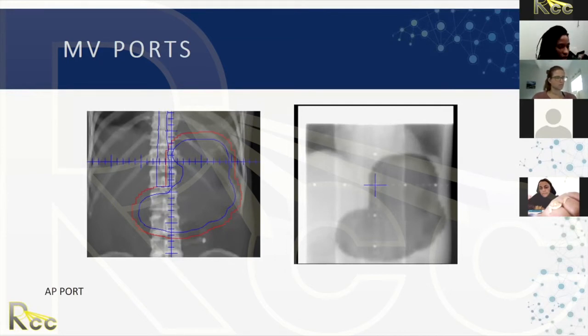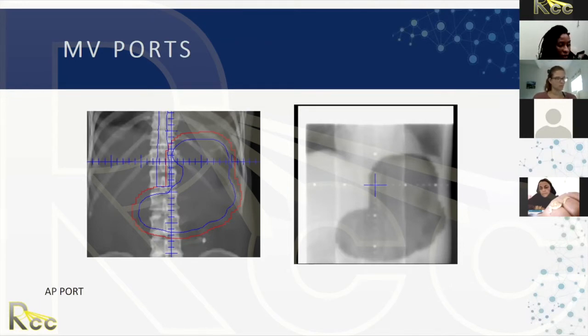So here's the reference, here's the DRR that was created with my contour outlined as well as my MLCs. On this type of image, I don't need extra structures. I don't need them to necessarily outline the bones, or I don't need them to outline the heart.